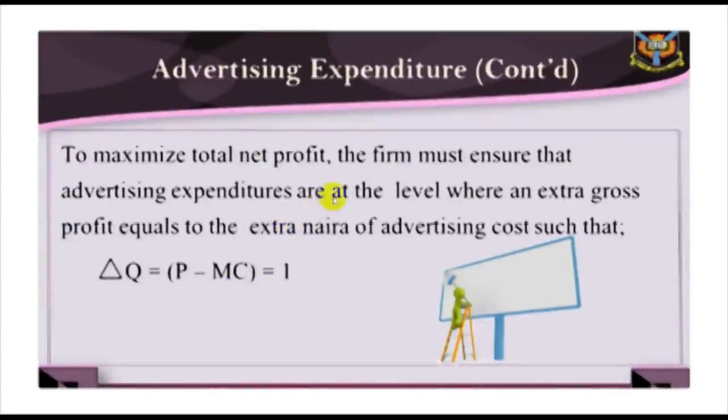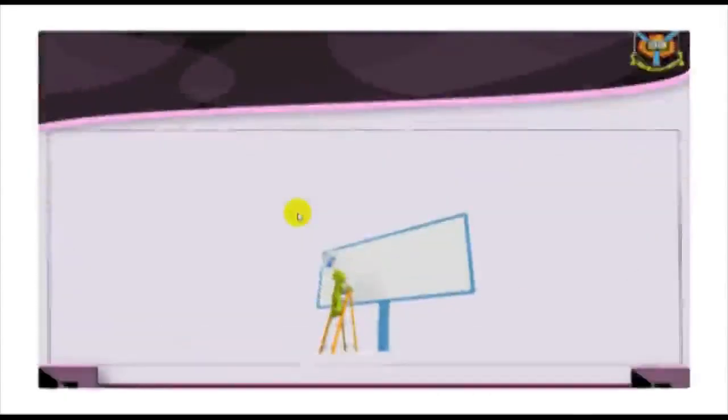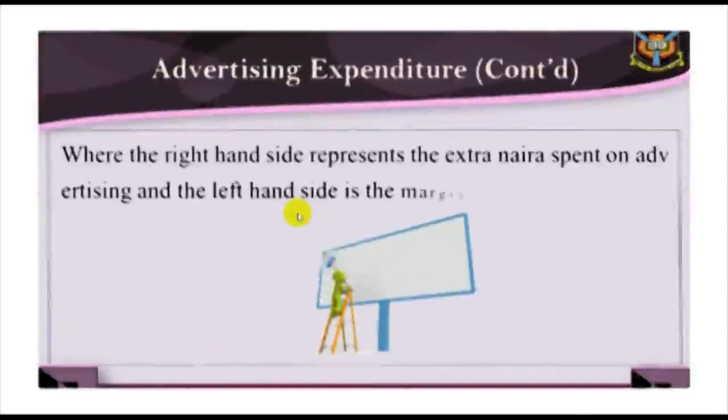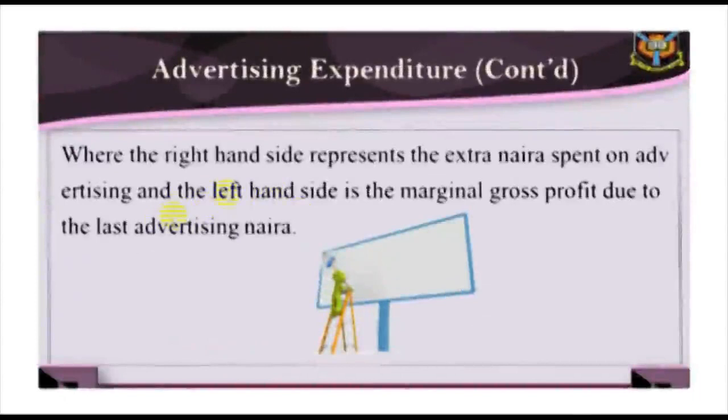To maximize total net profit, the firm must ensure that advertising expenditure is at the level where an extra naira of gross profit equals the extra naira of advertising cost.